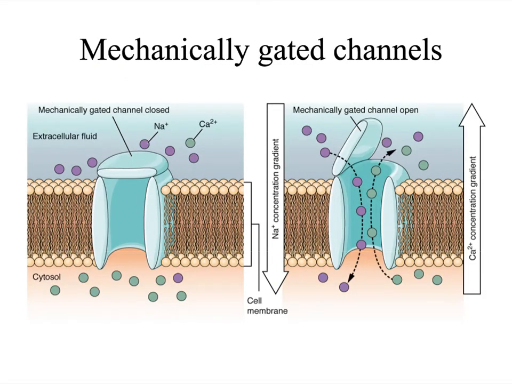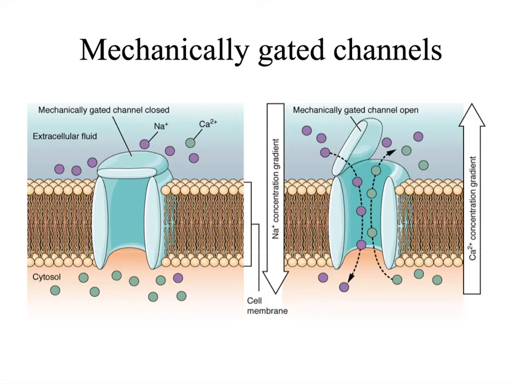Some channels use simply a mechanical gate. You'll see these when you look at some of the receptors in your fingertips, for example. The sense of touch, a lot of these are mechanically gated receptors. Also, hearing and equilibrium, these use mechanoreceptors. And what it means with a mechanoreceptor is that the gate is triggered by mechanical deformation.